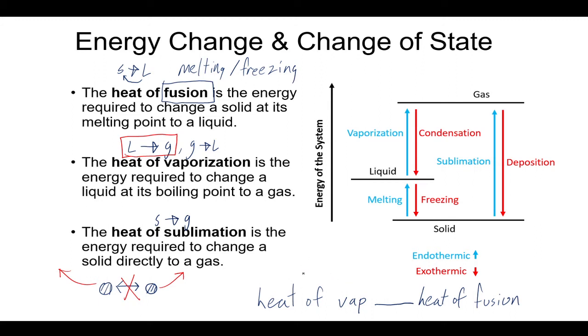Heat of vaporization is liquid to gas. Heat of fusion is solid to liquid. So let's think about the physical process here. And going from solid to liquid, these molecules are in this nice, neat lattice. The heat of fusion represents the amount of energy I need to free these molecules up a little bit, to get them to roll past one another.